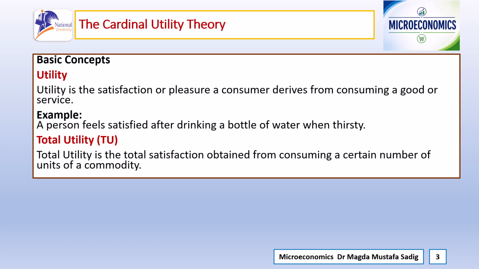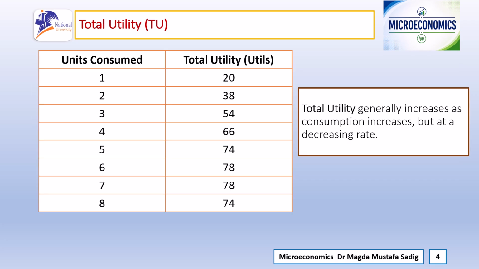As more units are consumed, total utility generally increases. However, it does not increase forever at the same rate. Eventually, the increase becomes smaller and smaller. Why? Because each additional unit becomes less valuable to the consumer. This naturally leads us to our next concept.